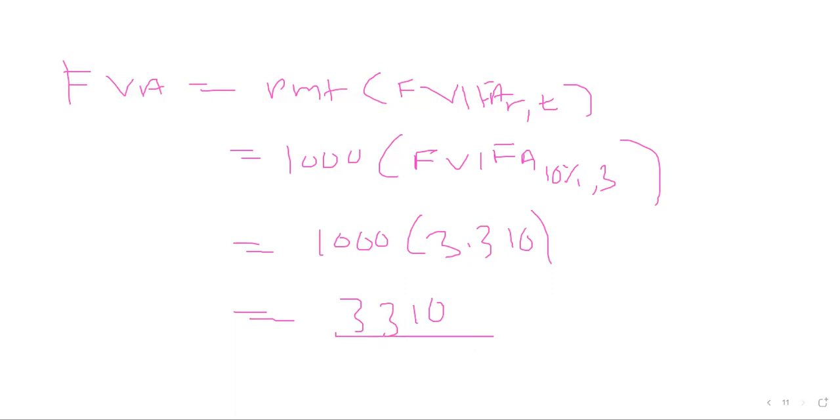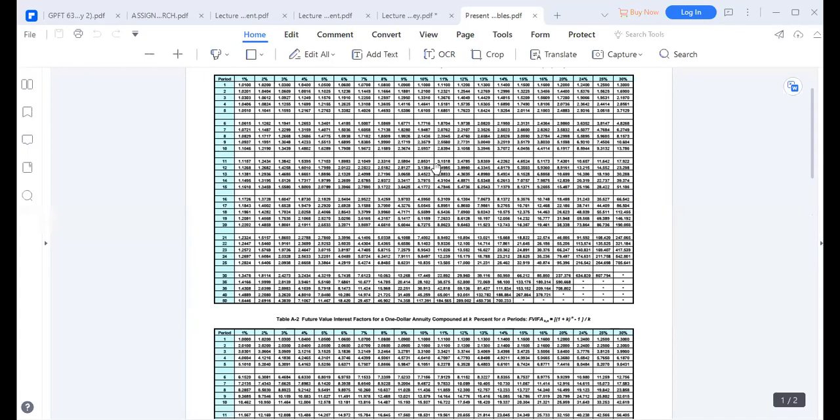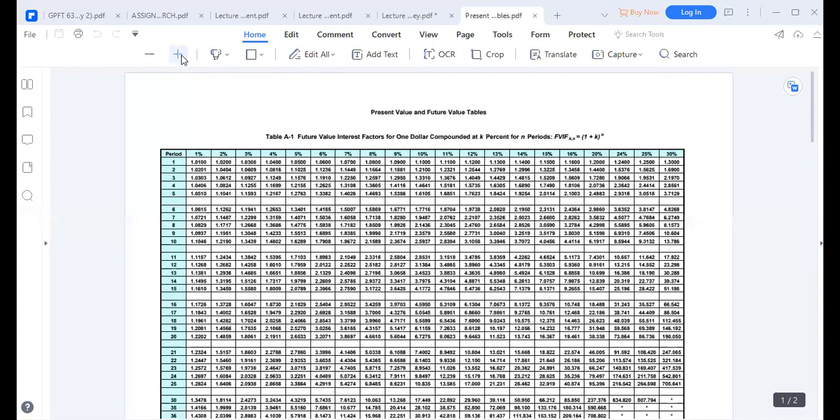I had mentioned how to read the tables. So for those of you who may not have had that opportunity, let me check on the tables so that we see how we can read this. You're usually given these tables at the end of every paper.